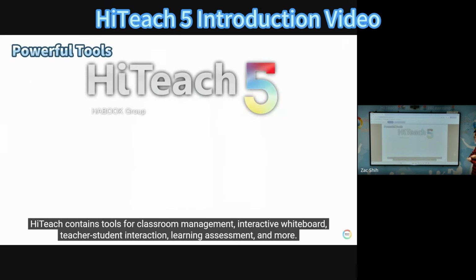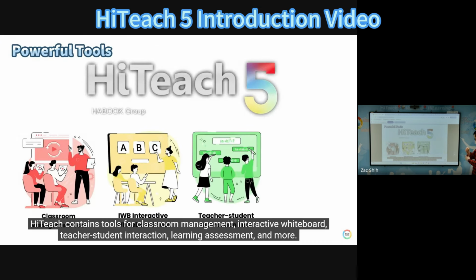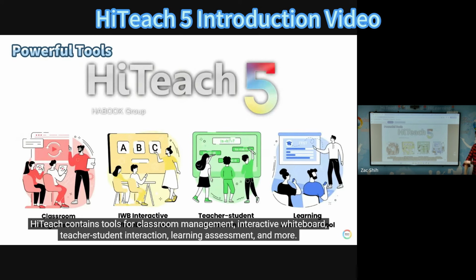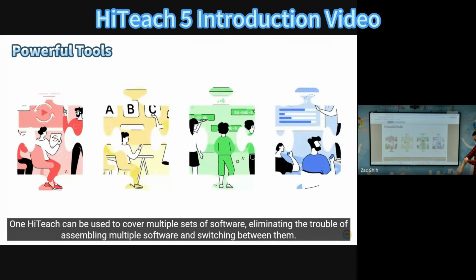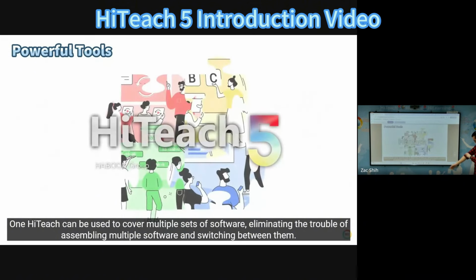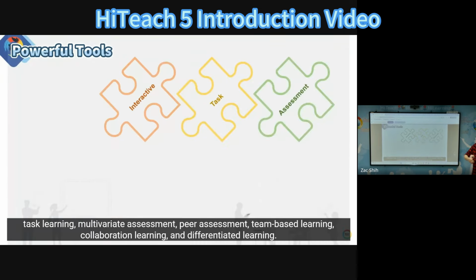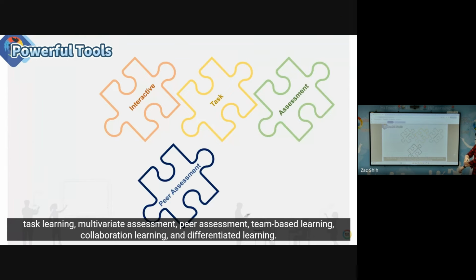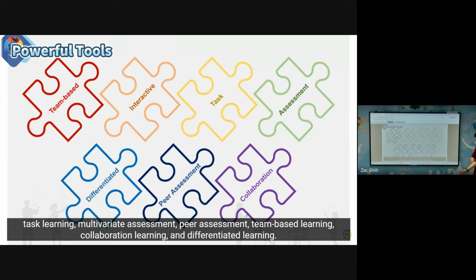HiTeach contains tools for classroom management, interactive whiteboard, teacher-student interaction, learning assessment, and more. One HiTeach can be used to cover multiple sets of software, eliminating the trouble of assembling multiple software and switching between them. HiTeach has comprehensive tools for interactive learning, task learning, multivariate assessment, peer assessment, team-based learning, collaboration learning, and differentiated learning.